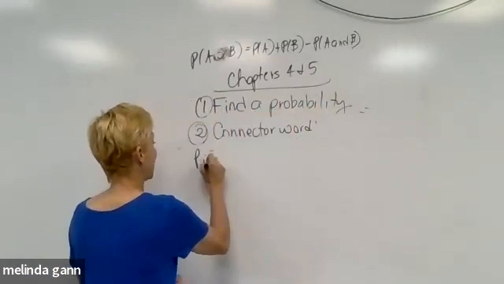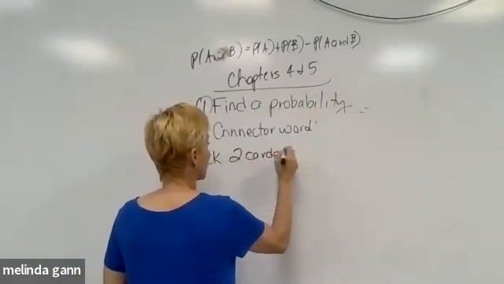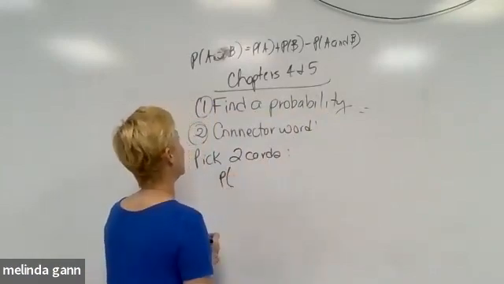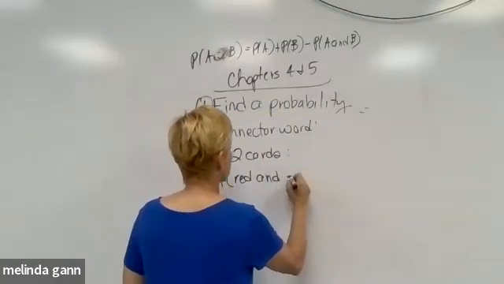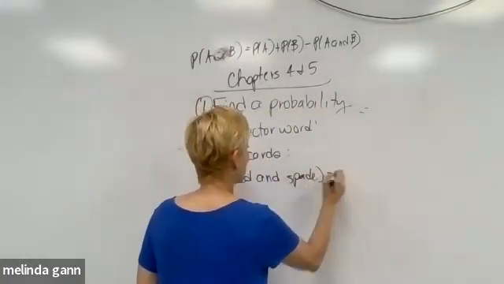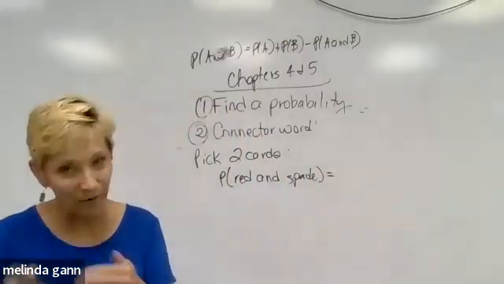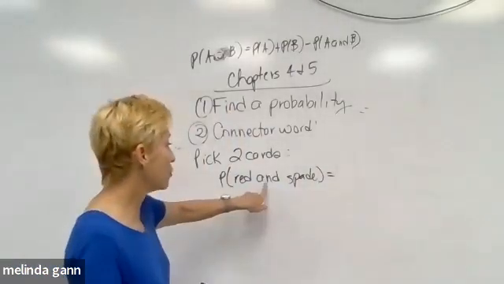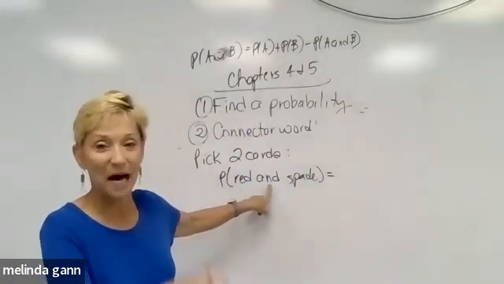So if I say, okay, you're going to pick 2 cards, what's the probability that it is red and a spade? Now, I want to make sure we're clear. In the video, it tells you this, but I want to reiterate. Before you go grab that and formula, ask yourself, is it possible?